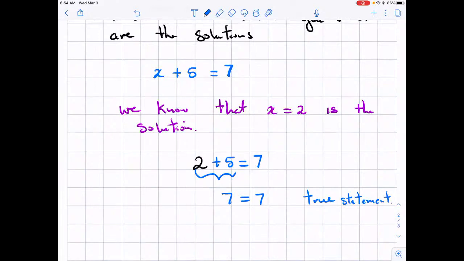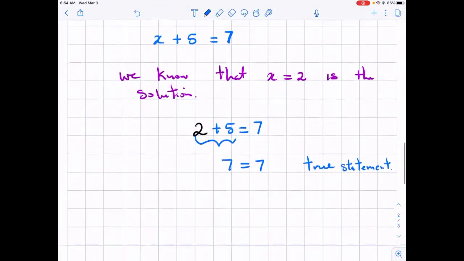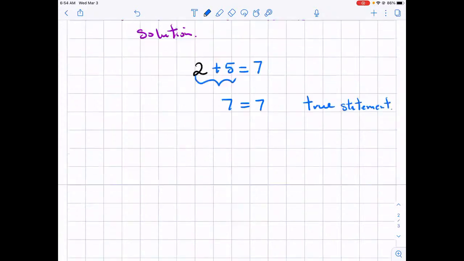Our goal is that when we find that value or values, because we can have more than one answer, as you will see later on for different types of equations, when you replace x with the value that you found, the left side must be equal to the right side.